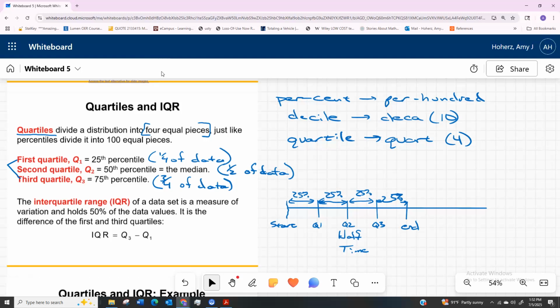So kind of keep that in mind when we're looking at this data, if that helps you visualize it a little bit better.